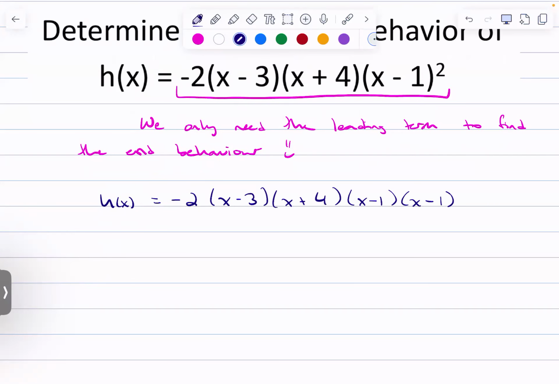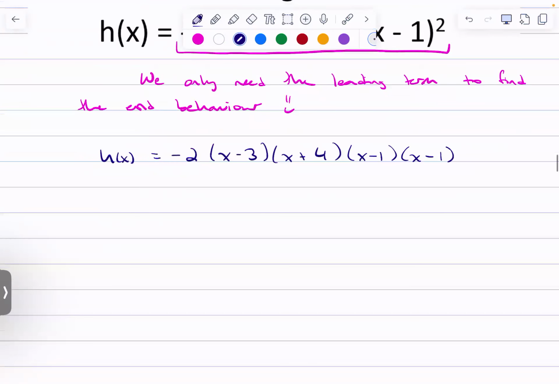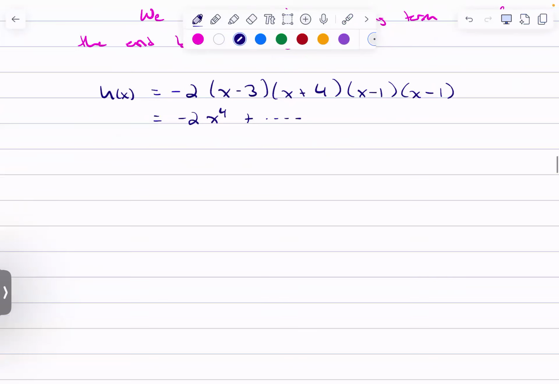That negative 2 times x times x times x times x, right? Which is really x to the power of 4 plus, who cares, right? Because now I know I have a parabola flipped down.